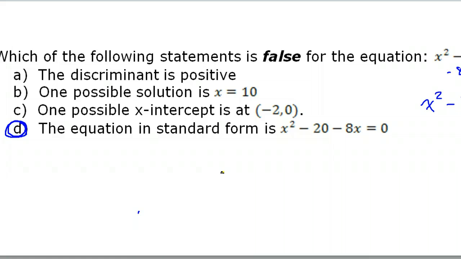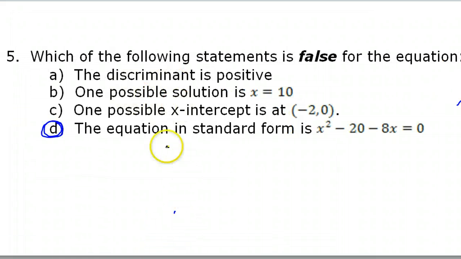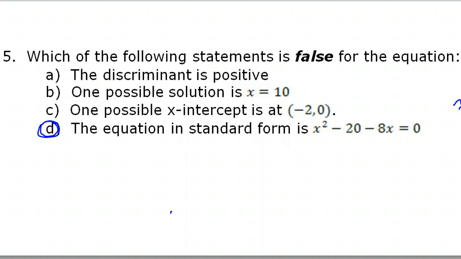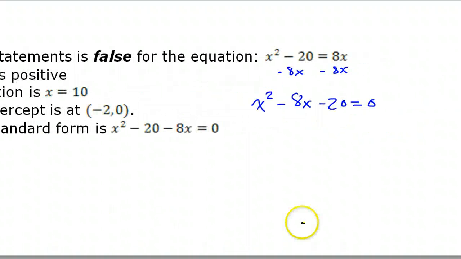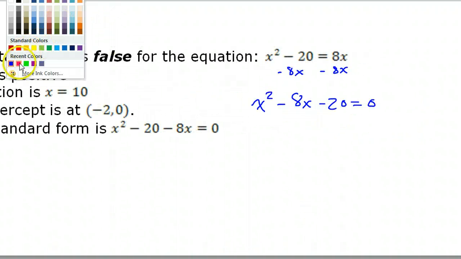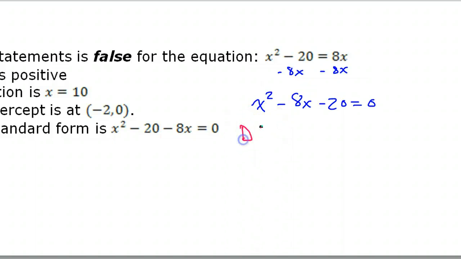Okay, but just to be thorough, as a teacher, an educator, let's go back and look at the others and see why they are all true. The discriminant is positive. So the discriminant is b squared minus 4ac. So the discriminant would be b squared, so negative 8 squared, minus 4 times 1 times negative 20.